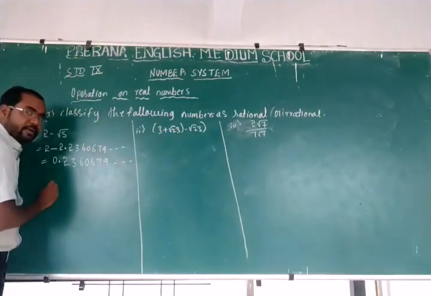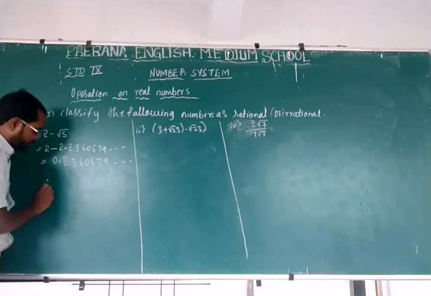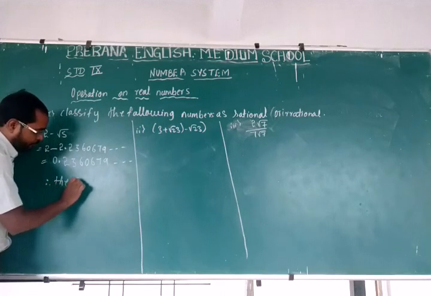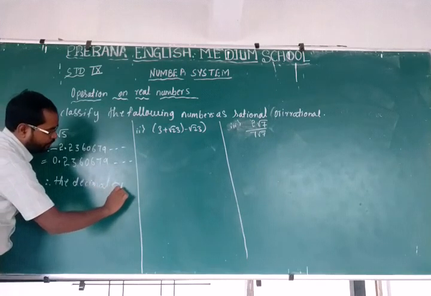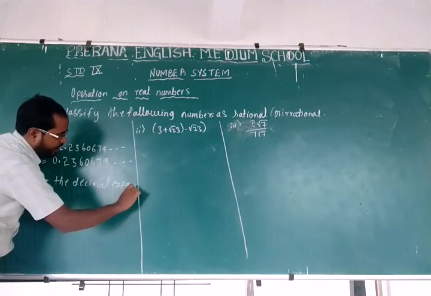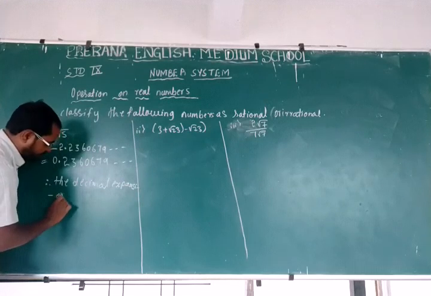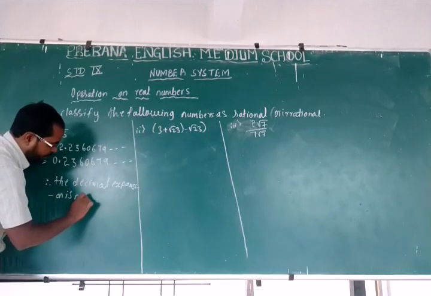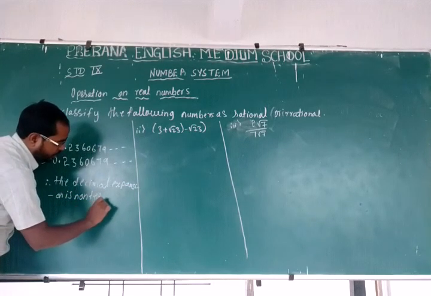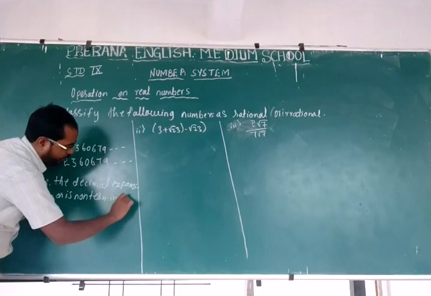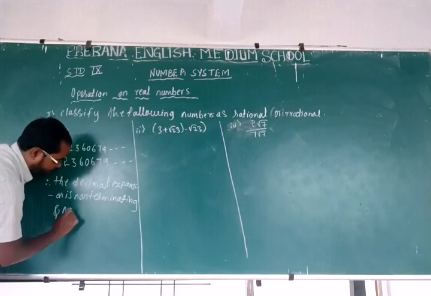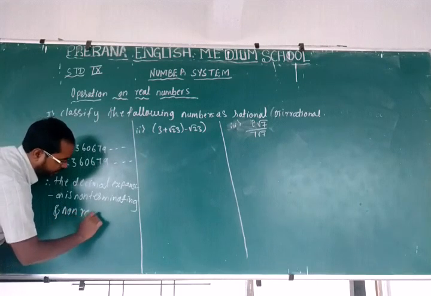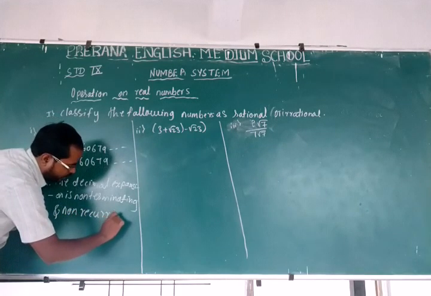Non-terminating and non-recurring. Therefore, the decimal expansion is non-terminating. That means the remainder never becomes zero. Non-recurring means the same pattern is not repeating here.